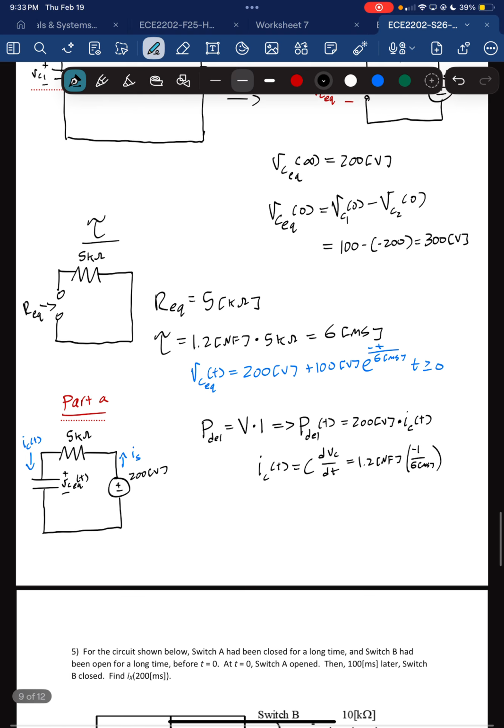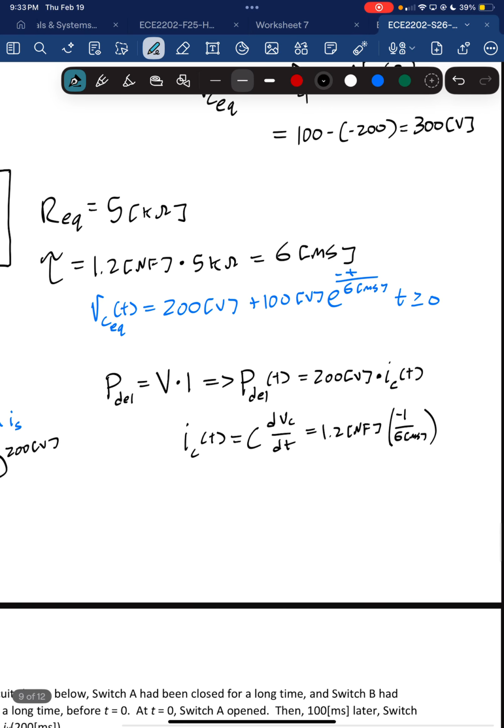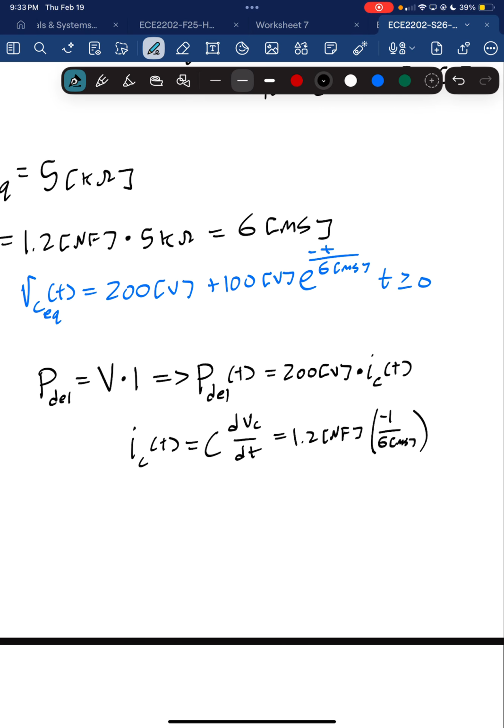Now the derivative of the whole thing, obviously, 200 goes to 0, and we're just left with 100 volts e to the negative t over 6 milliseconds.